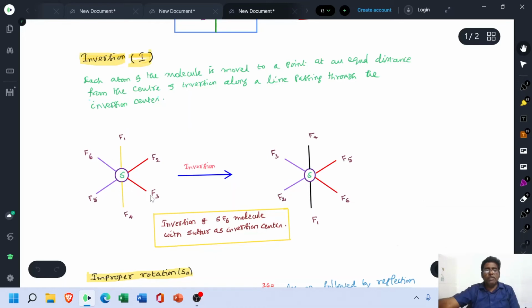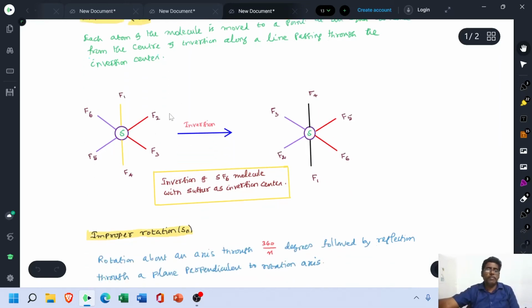During the inversion process, these two atoms are interchanging their position. This is F3, this is F6. The same condition is true for all other cases. This is F2, this is F5. Even after the inversion operation, there is no change in the structure of SF6. So this is called as inversion symmetry.